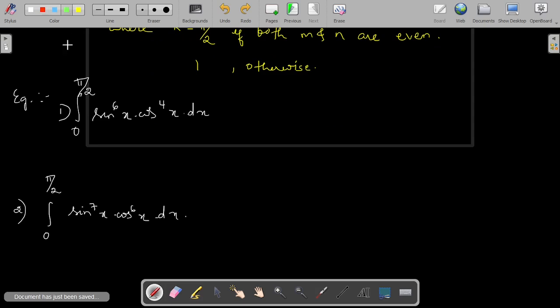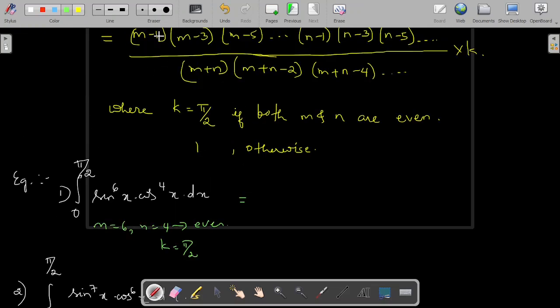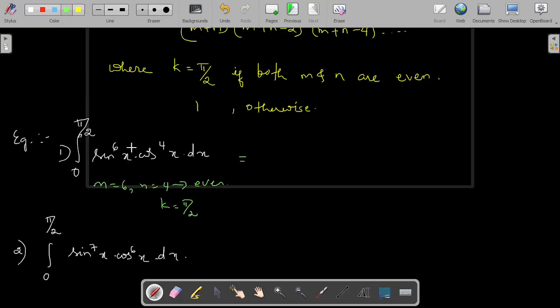Integral from 0 to pi by 2 sin power 6x into cos power 4x into dx. Here m equal to 6, n equal to 4. Both are even, and if both are even, the value of k equals pi by 2. Keep that in mind. Now, as per the formula, m minus 1, so 6 minus 1 is 5, then 3, then 1. Once you get 5, it goes in decreasing order until you get 1.